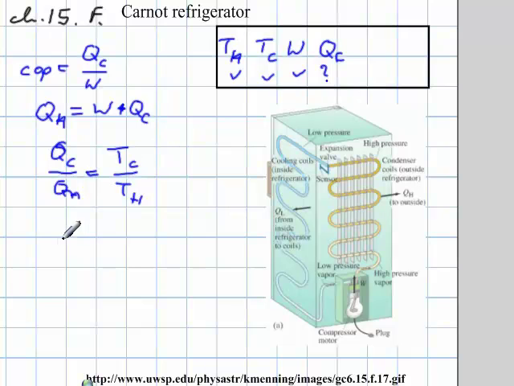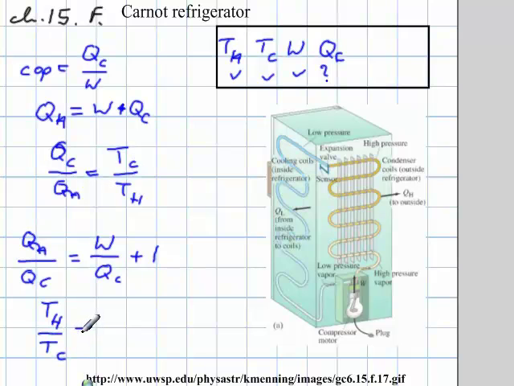Of course, on this one over here, I could divide by QC, so this is this equation here. The second one is going to be QH divided by QC equals work divided by QC plus 1, because I divided that one by QC, and then I plug in the temperatures, so I'm going to come up with TH over TC. Of course, the temperature is in kelvins, as I mentioned.